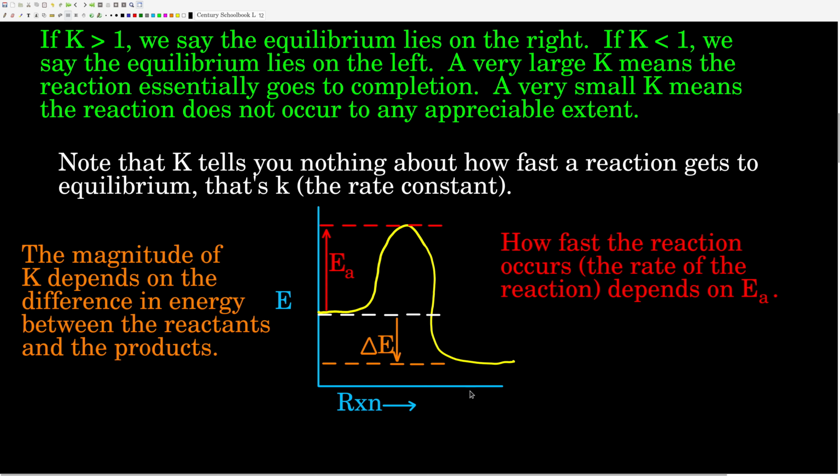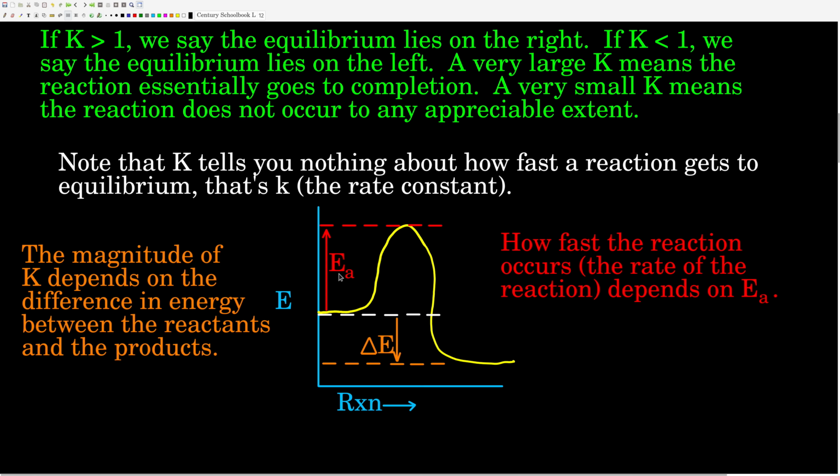And at some time later on over here, we have all products. And so the value of the rate constant, how fast this reaction comes to equilibrium, depends upon the size of the activation energy. Remember, the activation energy is the difference in energy between the energy of the reactants and the highest peak they have to overcome, the activation barrier, we call that.